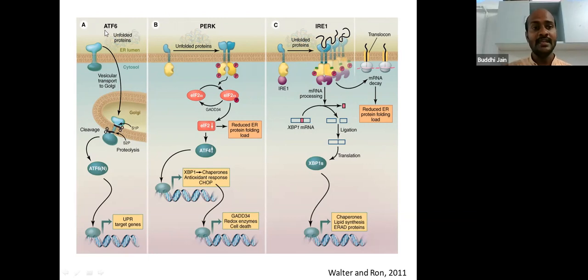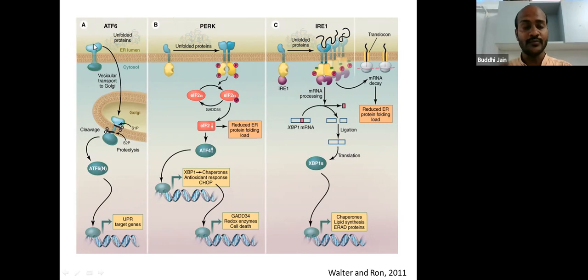One is ATF6. ATF6 is a transmembrane protein, a receptor which is bound to GRP78. GRP78 is a chaperone which assists in protein folding.